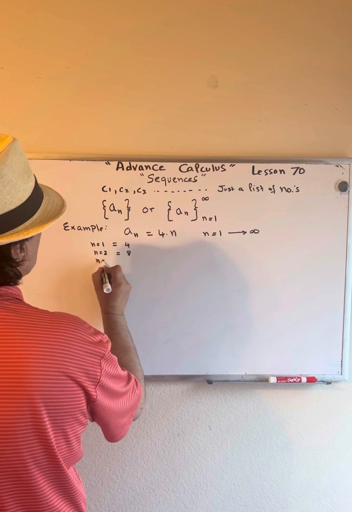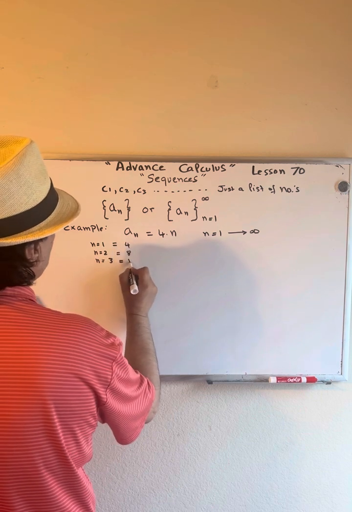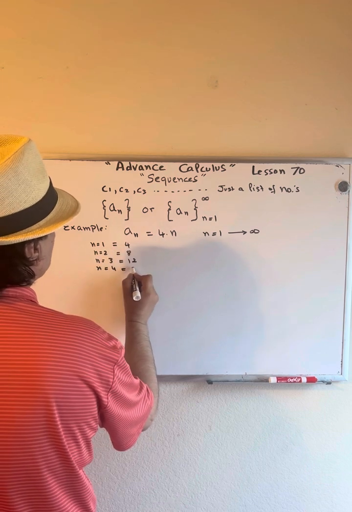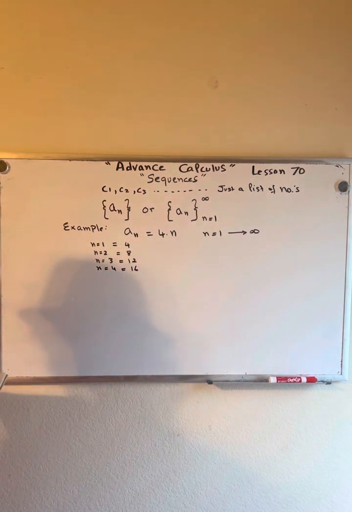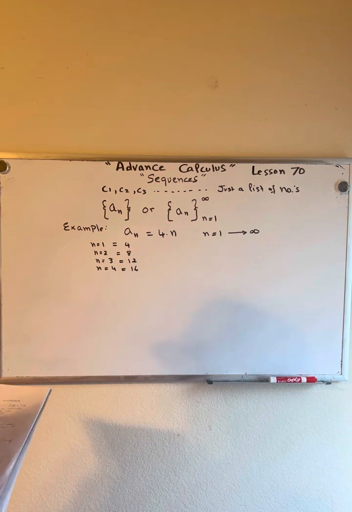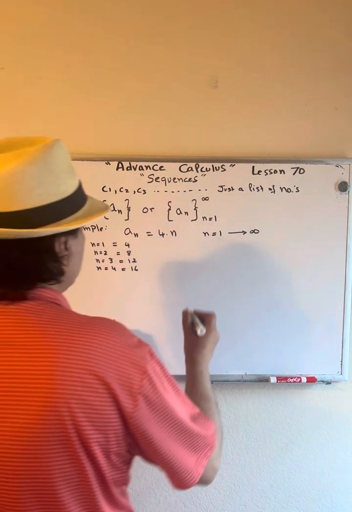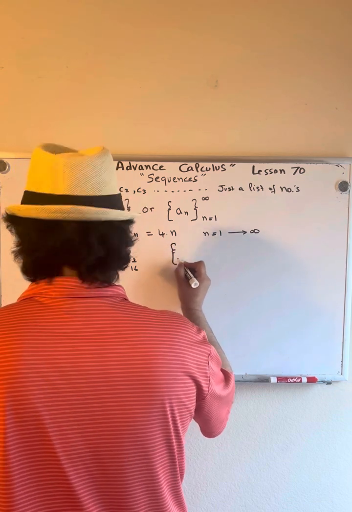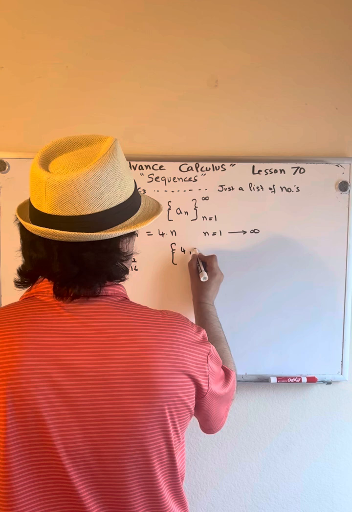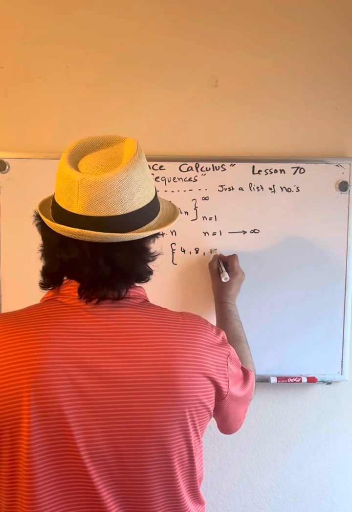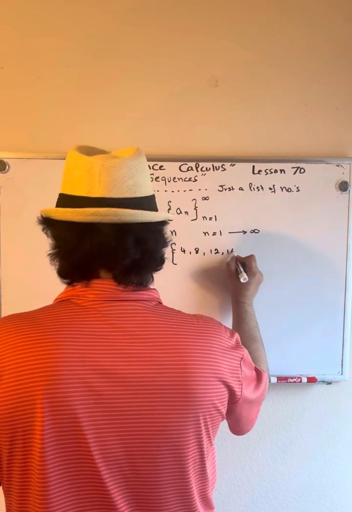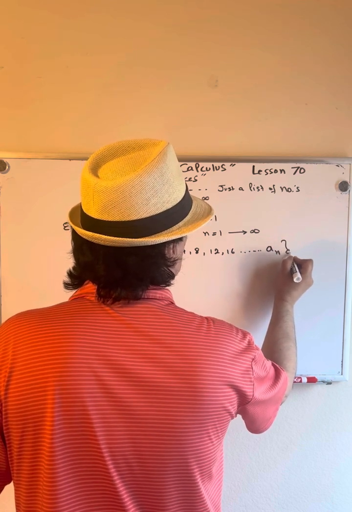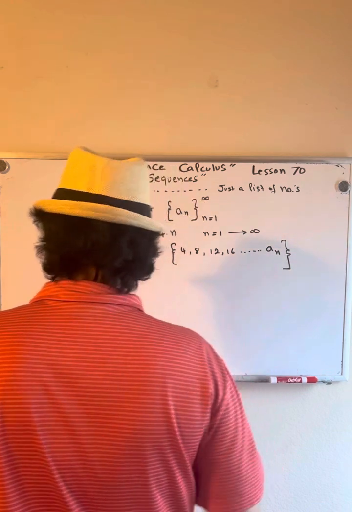If n is equal to 3, I get 12. If n is equal to 4, I get 16, and so forth. Then I can represent this in curly braces: 4, 8, 12, 16, going up to a sub n.